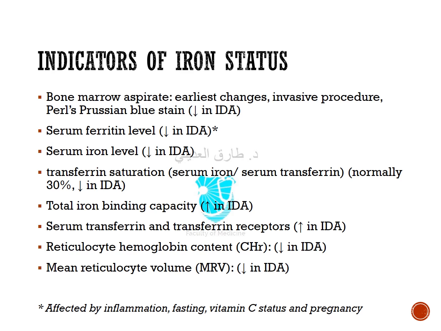There is another test called total iron binding capacity, TIBC. This is the only one that increases in iron deficiency anemia. This test is an old one and it is reliable most of the time. We take the patient's serum and we artificially add iron to it, and we see how much of this iron can bind to the transferrin there.